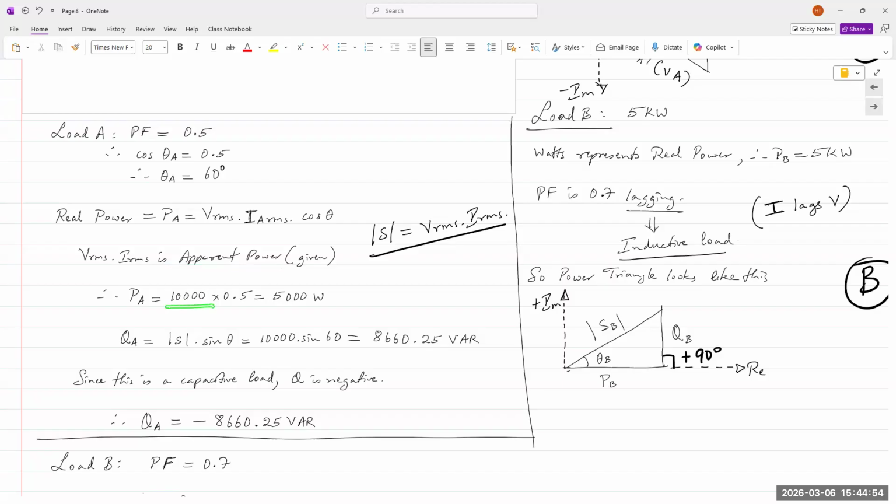Can determine from trigonometric identities. VRMS, IRMS times cosine theta is P. Q is VRMS, IRMS times sine theta. That's the first slide we saw for today.